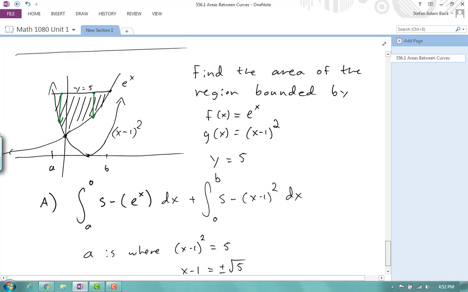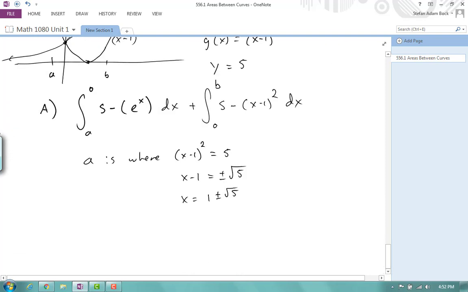Now, according to my picture, I have a parabola, and certainly it's going to intersect twice, but the one I'm interested in is the one on the left here. So I'm going to choose the version with a minus. a is equal to 1 minus the square root of 5.